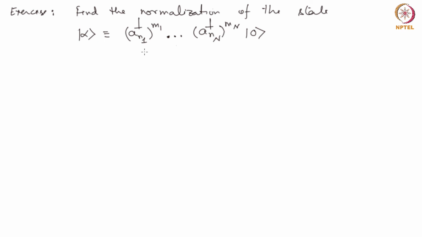And the goal is to find a constant C, such that C times ket alpha, let me define it to be alpha prime, so that this state alpha prime is a properly normalized state, meaning find C such that the norm of alpha prime is 1.